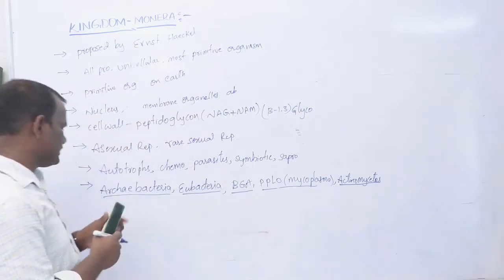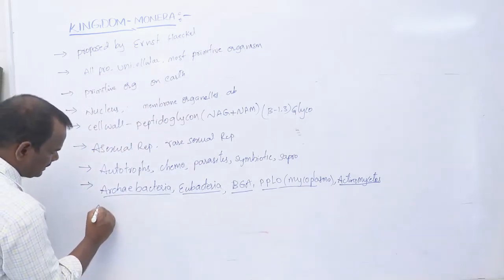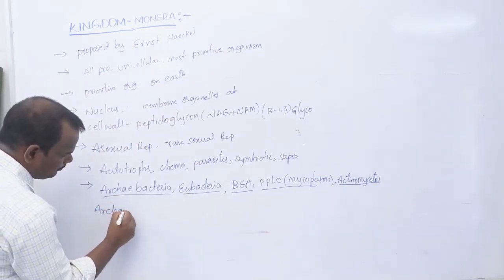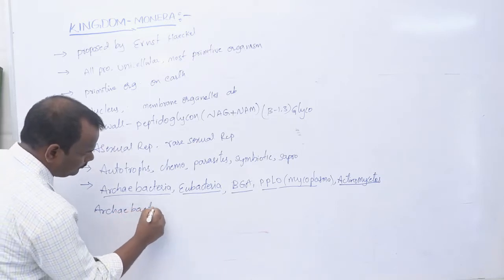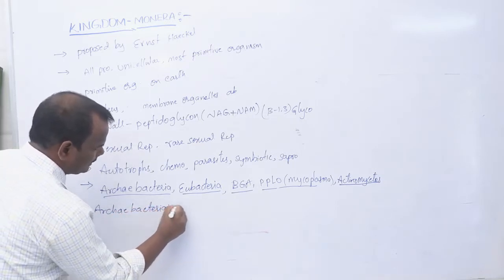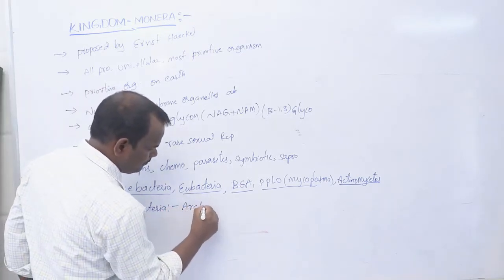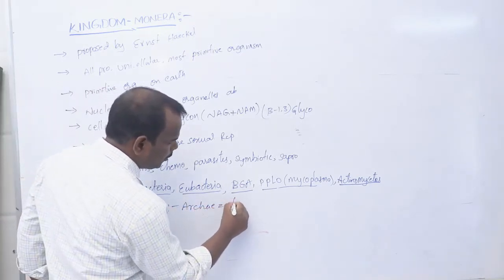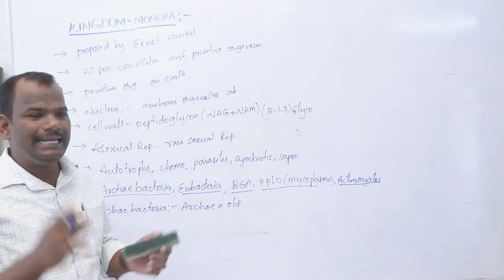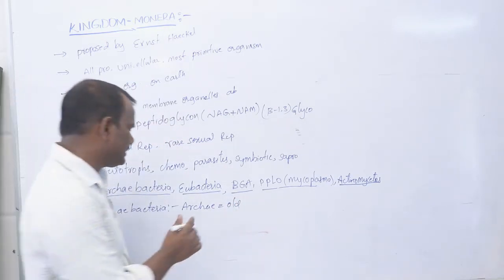Then we will discuss archaebacteria. Archae means old, and bacteria means rod-like structure.